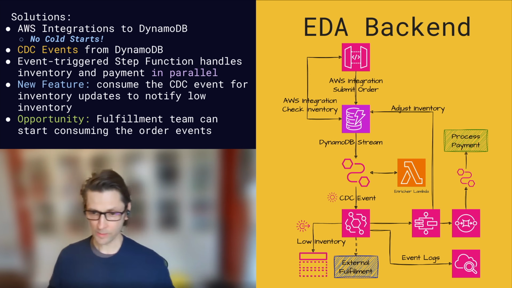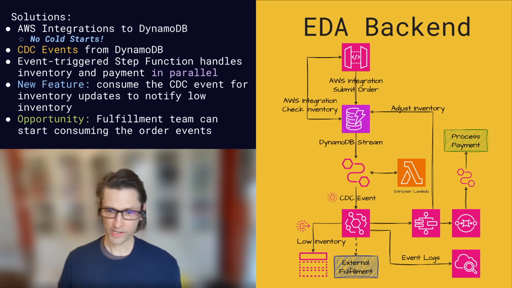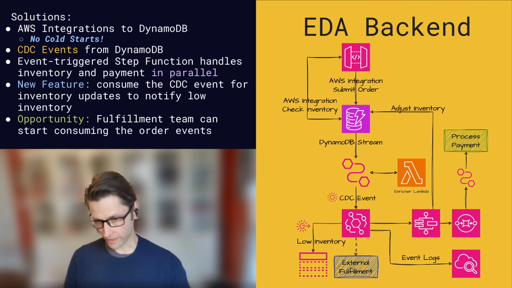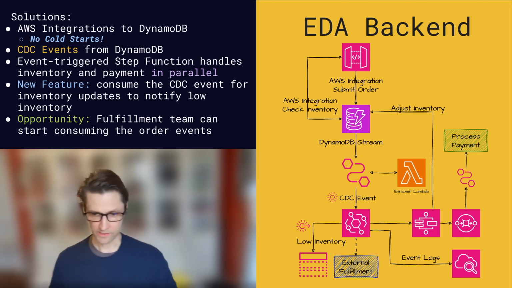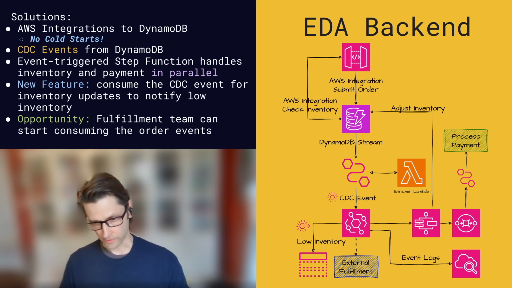Okay, so DynamoDB streams are a great solution to this, and a lot of this architecture is based off that. If you happen to be using DynamoDB, it's a good way to go. If you're not using DynamoDB, you can emit events in many other ways. This is just a great way to get started. So those who've used DynamoDB streams before know that it's recommended that you only have 2 consumers of a stream.